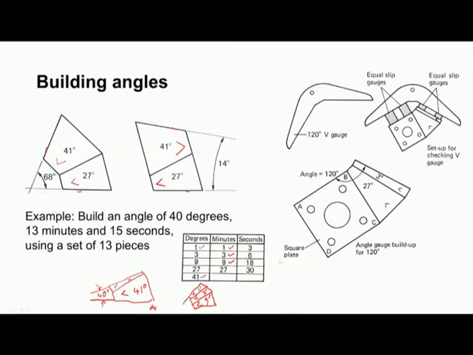So, totally this angle is 13 minutes. Say this is combination B, and then we have to build 15 seconds. For that we can select 18 seconds gauge and 3 seconds gauge, and we have to assemble them. So, this is 18 seconds, and then we have to subtract 3 seconds from this.